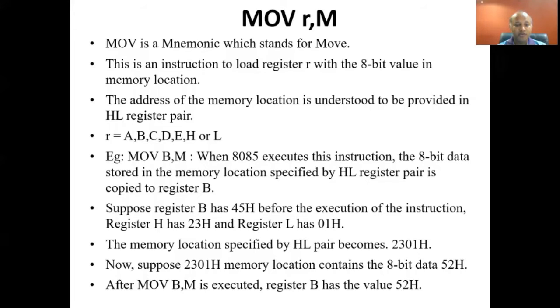Now suppose 2301H memory location contains the 8-bit data 52H. So after MOV B, M is executed, register B has the value 52H. So the value of register B changes from 45H to 52H after the execution of the instruction MOV B, M.